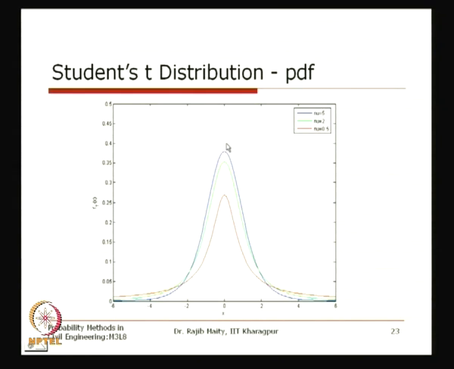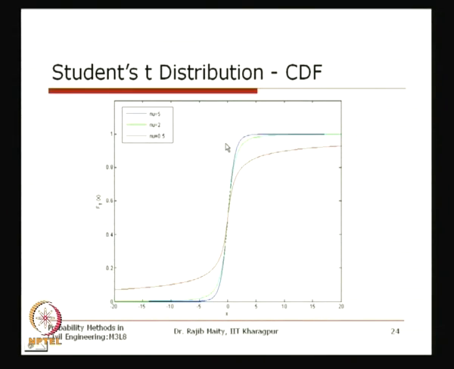So it approaches the normal distribution with the increase of degrees of freedom, as shown here. We have also shown the cumulative distribution of the student T distribution for different combinations of degrees of freedom. Here the red is the lowest, then green, and the highest is blue, as far as degrees of freedom are concerned.